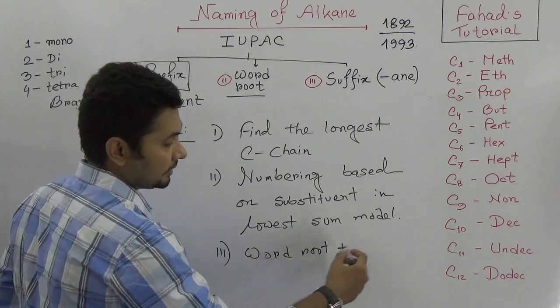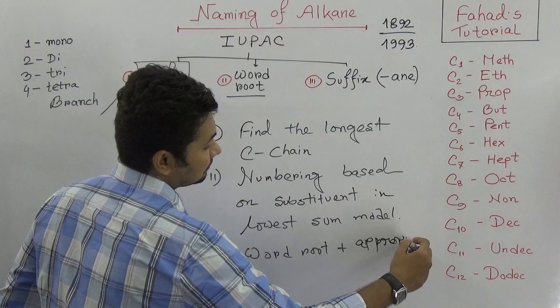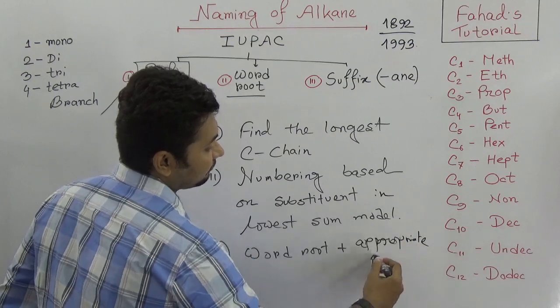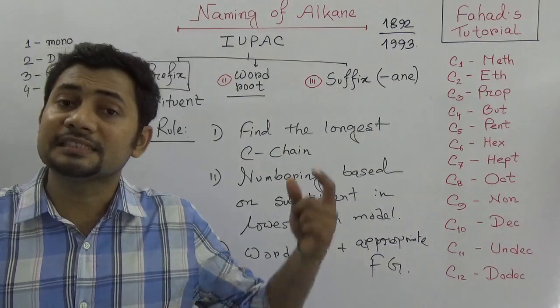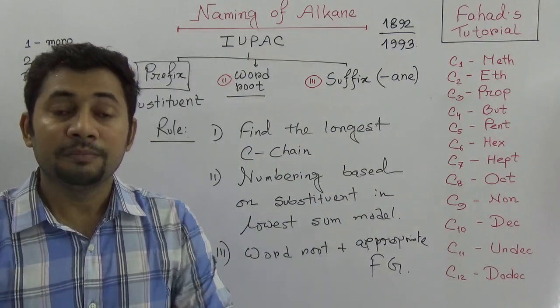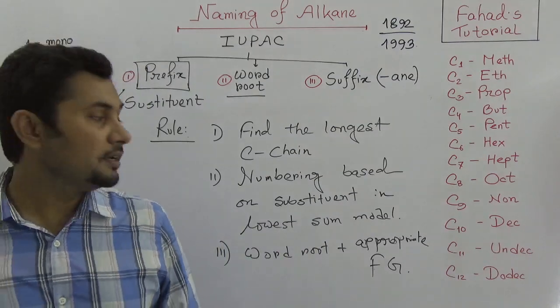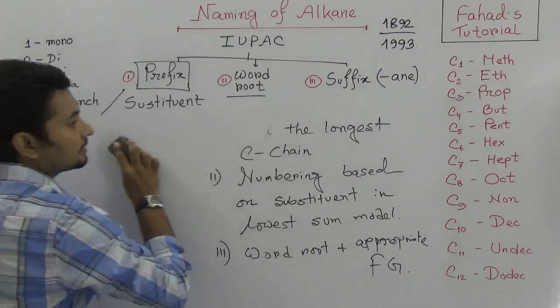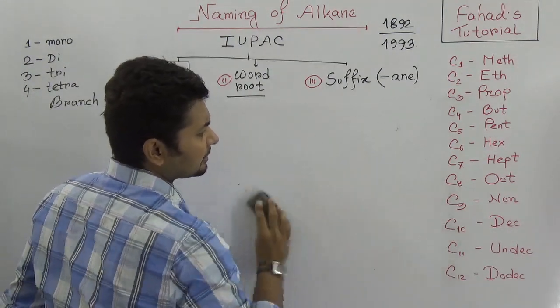plus the appropriate functional group. If there is a single double bond there, that should be alkene. But in case of cycloalkane, as I said the first time, the naming would be a little bit different.